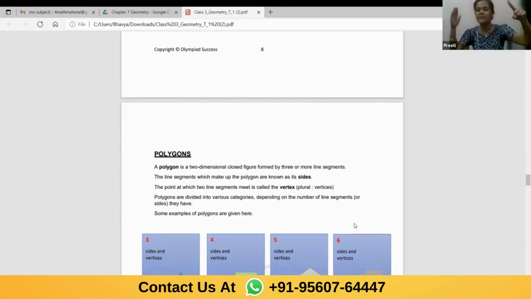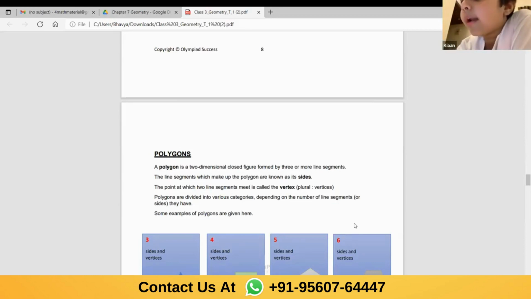And then more than 3 give me different shapes. 3 is the minimum number of line segments. Yes, 3 is minimum sides. Can you make any shape with 2 lines? No, ma'am. With 1 straight line? No, no. With 3 straight lines you can make. You can make a circle with one curved line. That is possible. But that is a curved line.